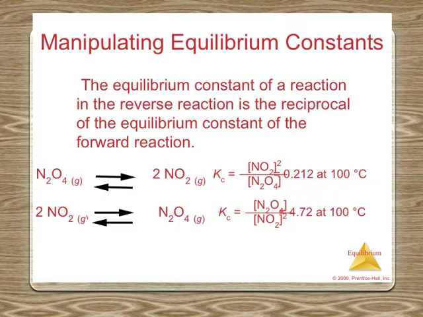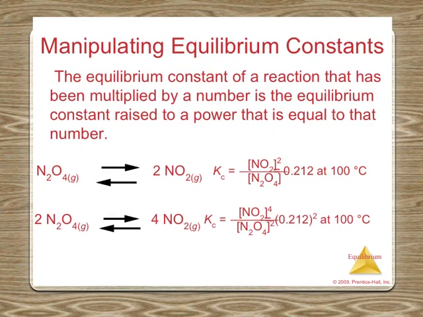If we reverse the reaction, then our expression changes accordingly, giving us an equilibrium constant that's going to be the reciprocal of that for the forward reaction. Doubling the coefficients in our original forward reaction will cause our equilibrium constant to end up being squared.